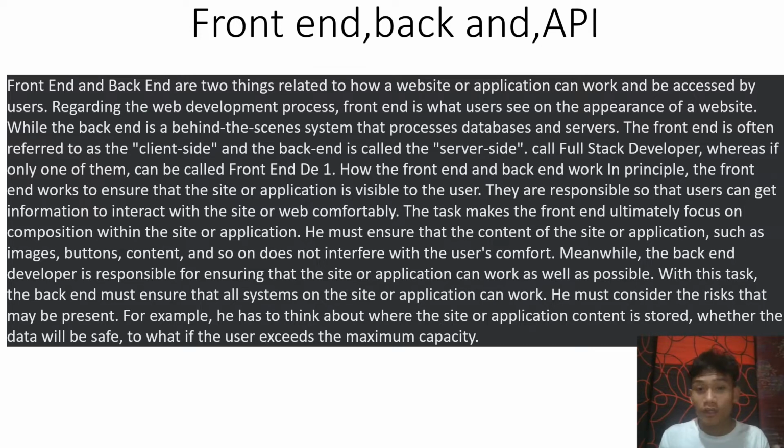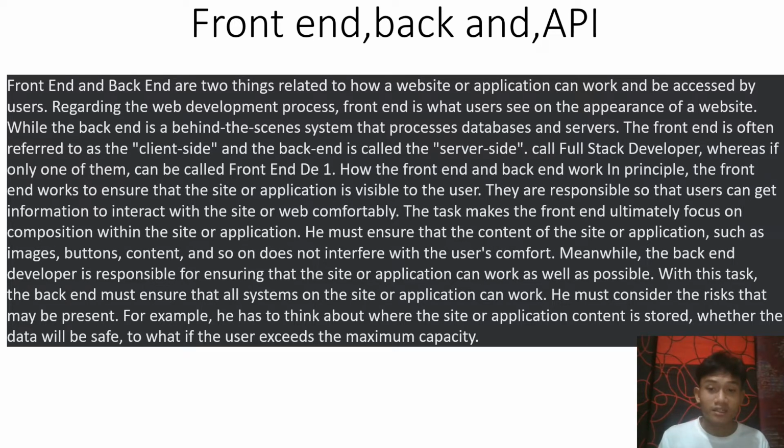How do the front and back end work in principle? The front end works to ensure that the site or application is visible to the user. They are responsible so that the user can get information and interact with the site or web comfortably.